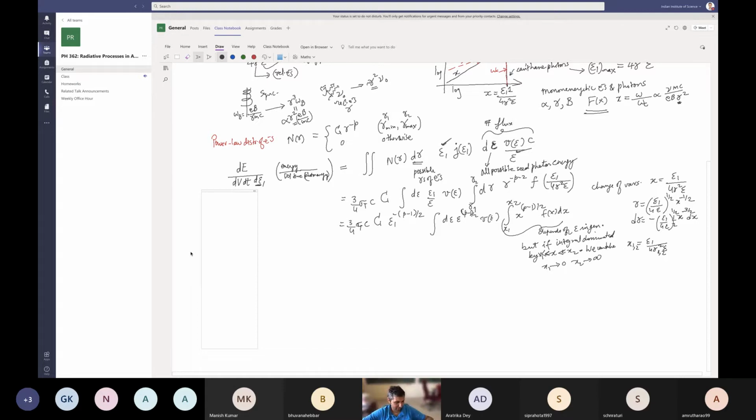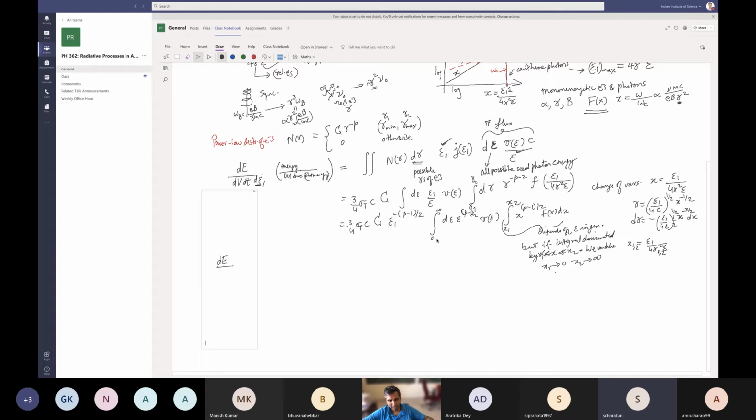So in this case, what do we have? We have d epsilon. What are the bounds of the energy? Epsilon goes from 0 to infinity, of course, I mean, all possible seed photon energies.